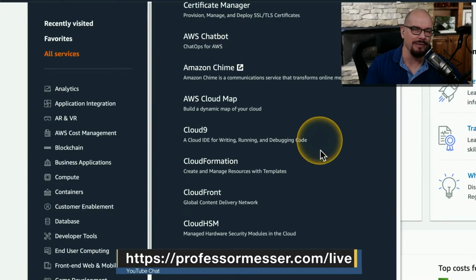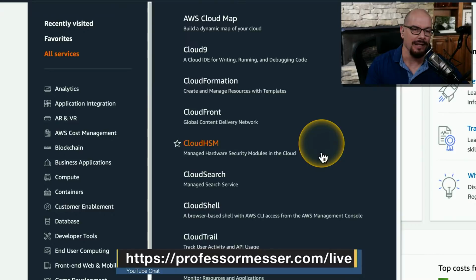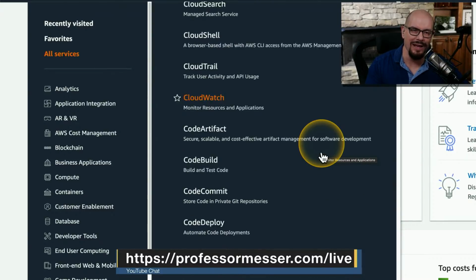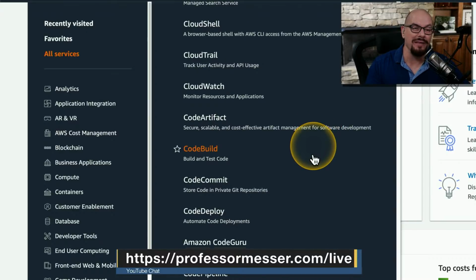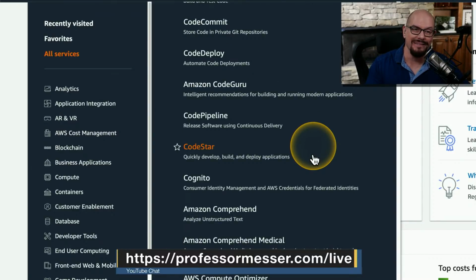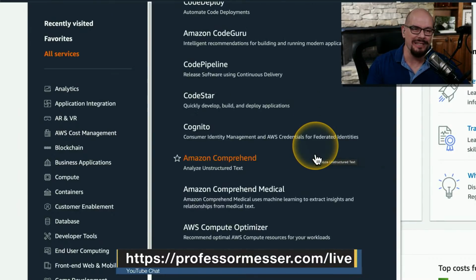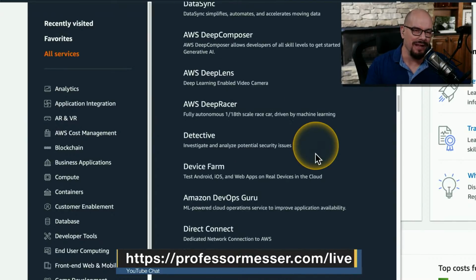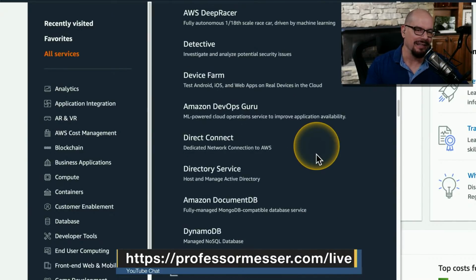There's a chatbot for AWS, Cloud9, CloudFront, CloudShell, CloudSearch, CloudTrail, CloudWatch, Cloud everything, CodeBuild, CodeCommit, CodeDeploy, CodeStar. We're just in the C's. These are all services provided in the Amazon cloud.